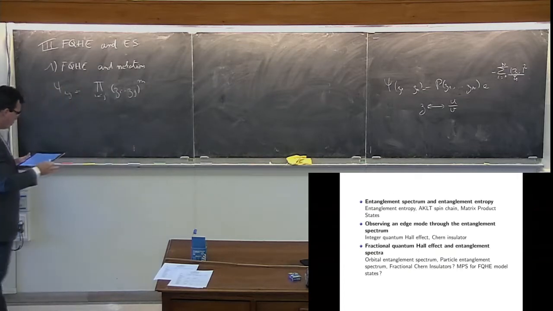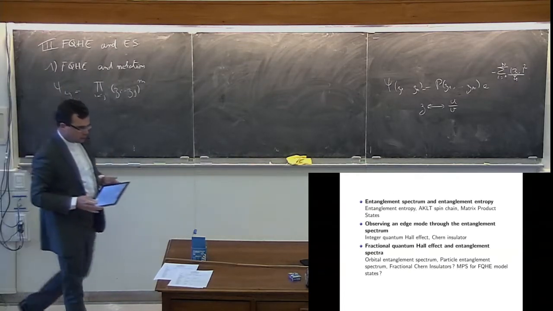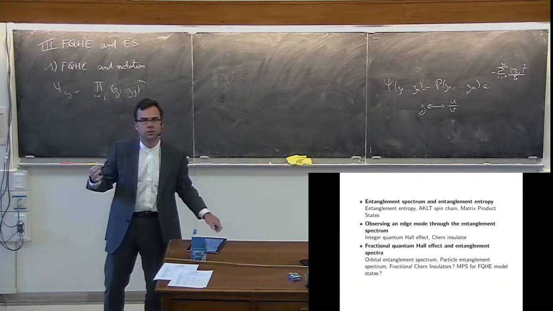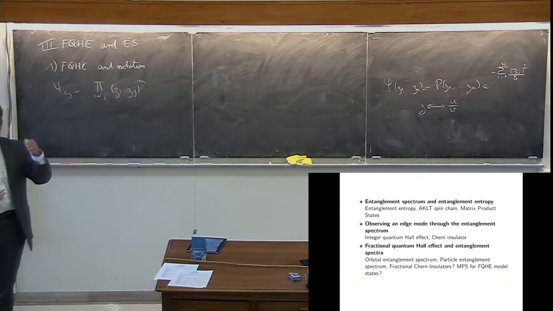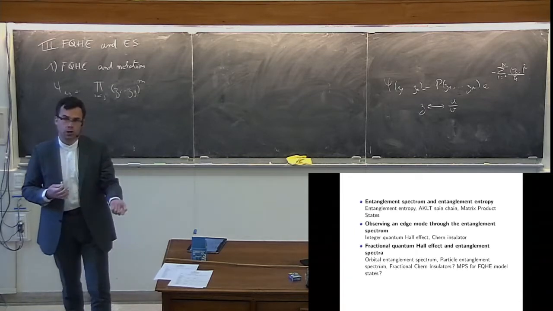I just dropped the Gaussian term here. So you have seen that you can create bulk excitations in the system by adding flux quanta. Basically, if you add one flux quantum to your system, it's like adding one quasi-hole to the system.